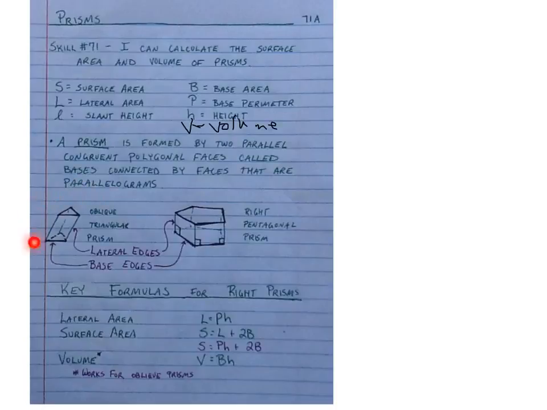We have the oblique triangular prism, which is not extruded straight up, so we get an oblique angle, as opposed to the right prism on the right, which is a right pentagonal prism, where it's extruded upward at a right angle. The lateral edges are the edges of the extrusion path, and the base edges are the edges that make up the pentagonal base.